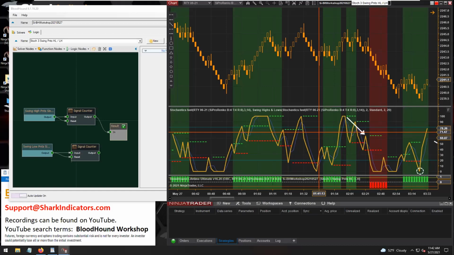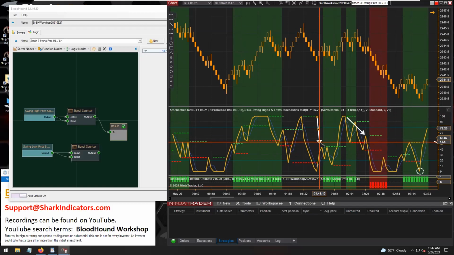Since the swing highs and lows indicator is not working perfectly with the stochastics. If you look at the swing highs here, there is a gap.